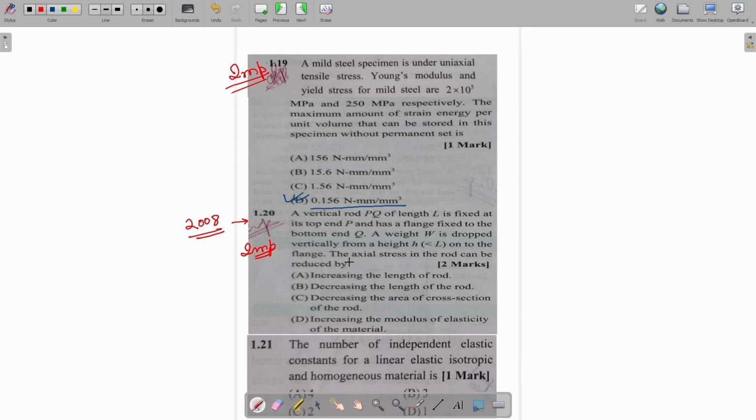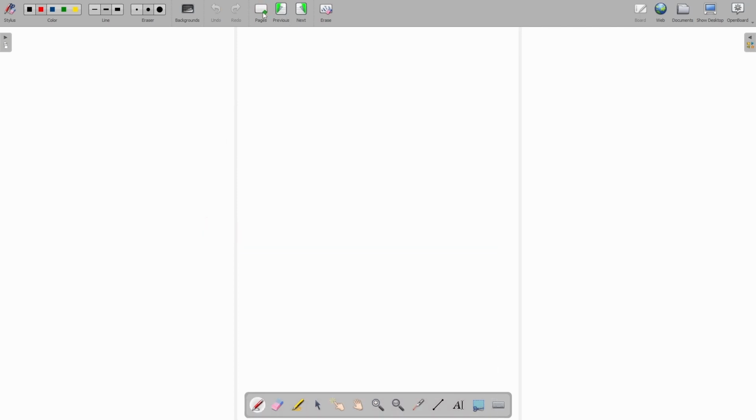Now we need to find a relation between these. What happens when this weight W drops on the flange? It is a theory based question, as I have said previously. Now first we need to draw a diagram. Say our rod is given as this. This is our rod. It is P and Q. Now what is given is that it is fixed at the top.